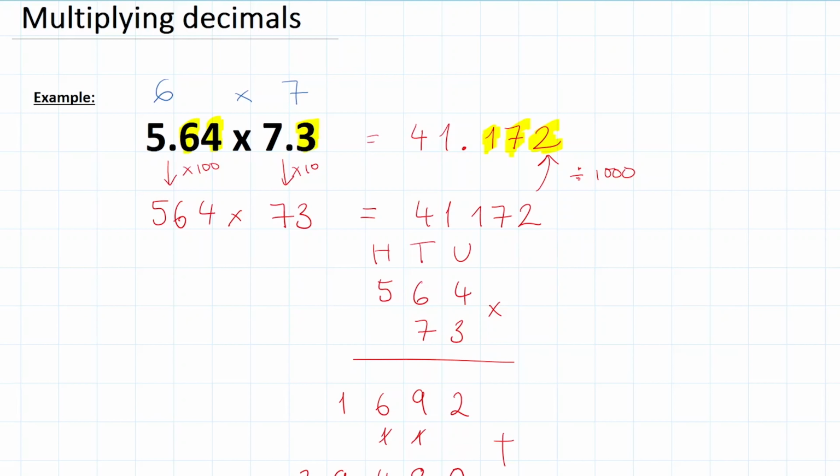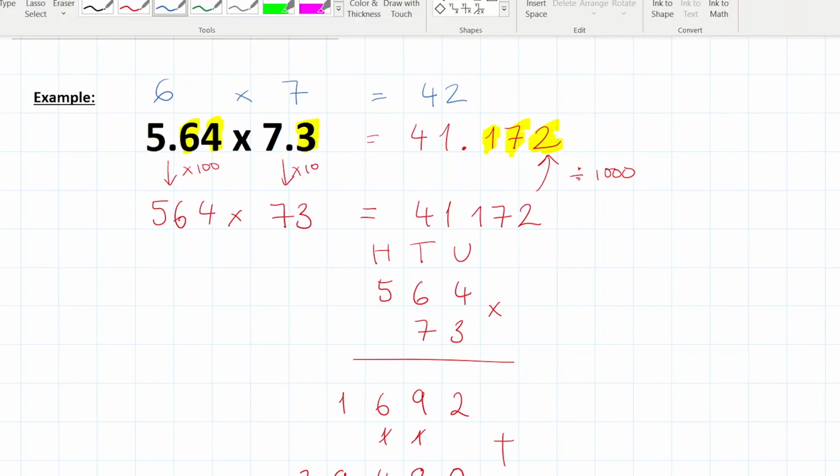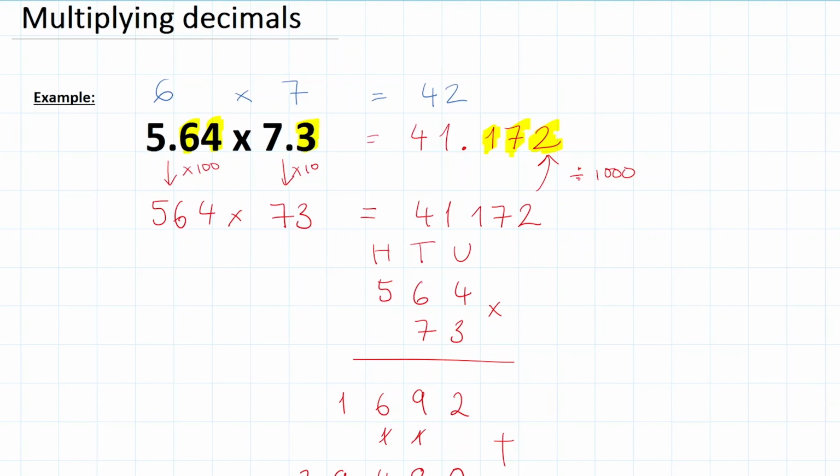So 6 times 7 is 42, and I can see that 41.172 is very close to 42. That tells me that my decimal point is in the right position, because it couldn't have been 4.1172 or 411.72. It has to be 41.172. And that is how you multiply decimals.